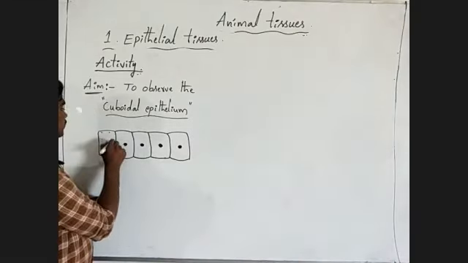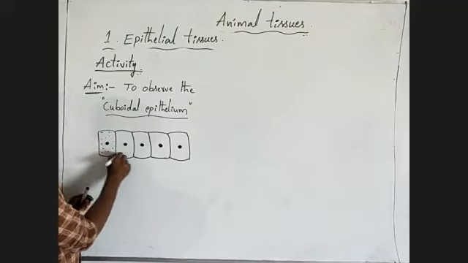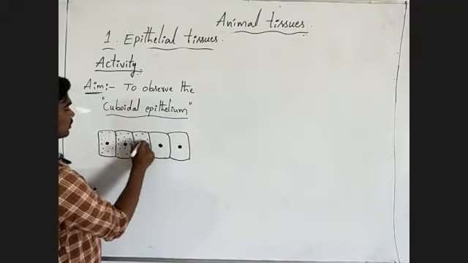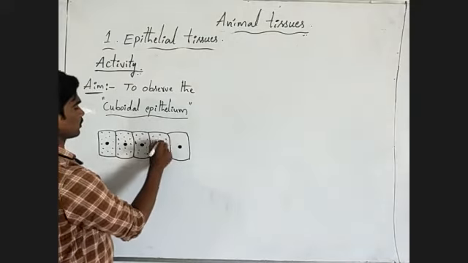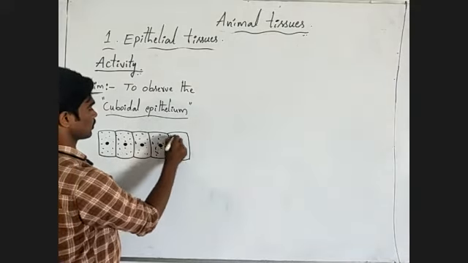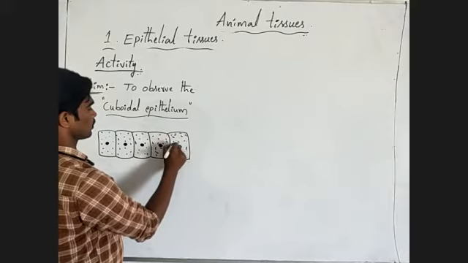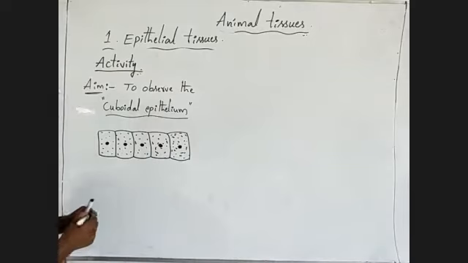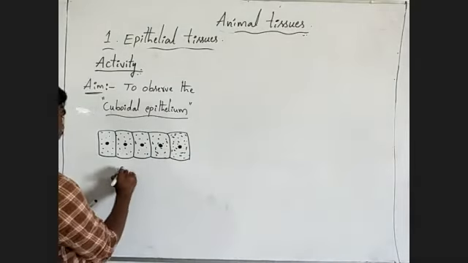Cuboidal epithelial tissue has cube-shaped cells.